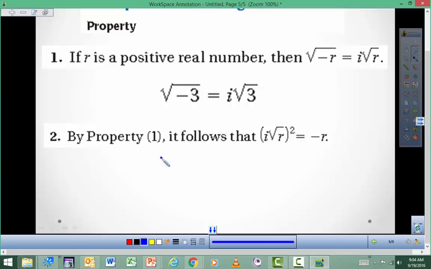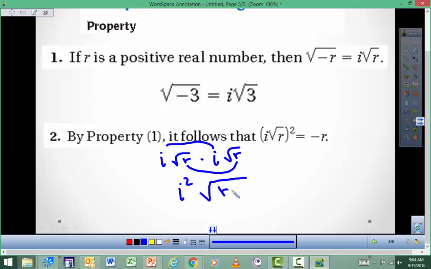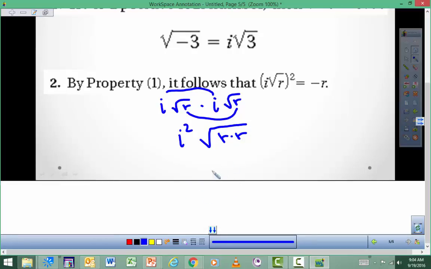Well, that would be i times the square root of r times i times the square root of r, right? But if we rearrange these terms, these two can combine to multiply to give us i squared. And then these two can rearrange to give us the square root of r times r. But of course, r times r is simply the square root of r squared.